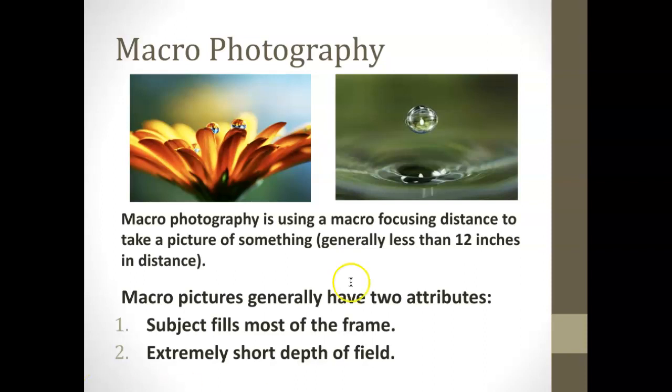So usually we're going to be within 12 inches or closer, unless you've got a really telephoto macro lens. And you're going to see these two things really show up in the picture. Our subject is going to fill the frame. It's going to be really large in the frame, and we're going to have an extremely short depth of field.